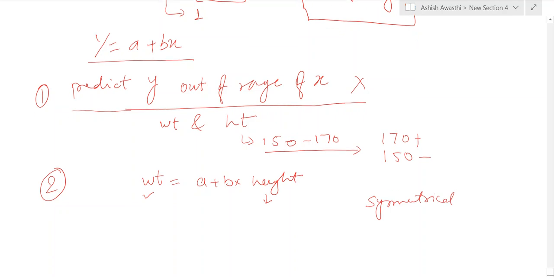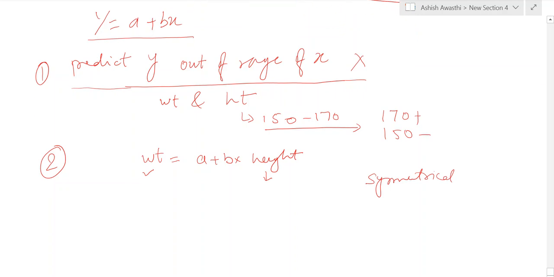If you want to calculate height from the weight, you have to fit a model before that, your height is equal to, suppose, a1 plus b1 into weight, and only in that case you can calculate height for a given weight within a range of weight observations.